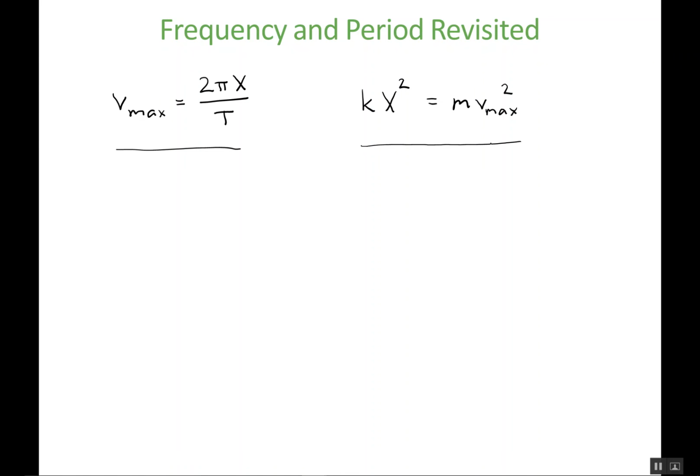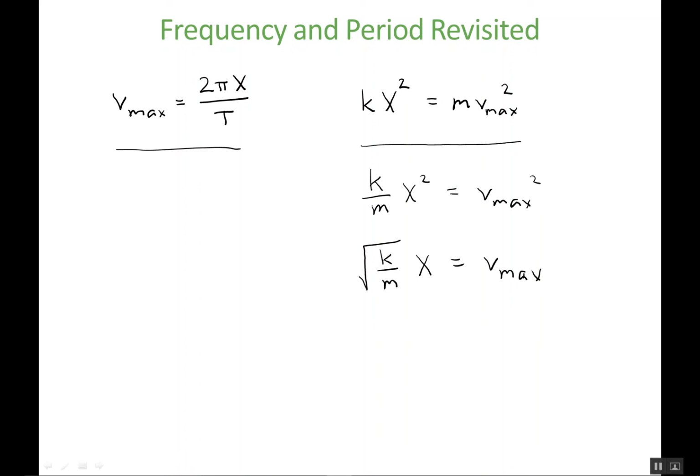And I've also written down the expression that we got by considering the mechanical energy of a mass oscillating horizontally on a spring, and more specifically by setting the total energy that the system has when the mass is at its equilibrium position, 1/2 m v max squared, all kinetic energy, equal to the mechanical energy that the mass has when it's at its maximum displacement from the equilibrium position, x equals capital X, the amplitude of the oscillation, 1/2 k x squared. And the 1/2's cancel, so we're left with k capital X squared equals m v max squared.